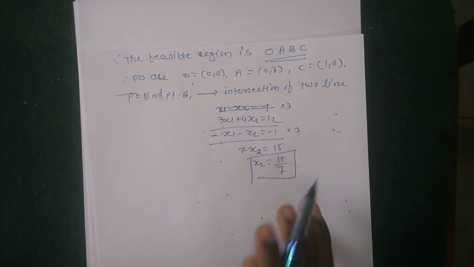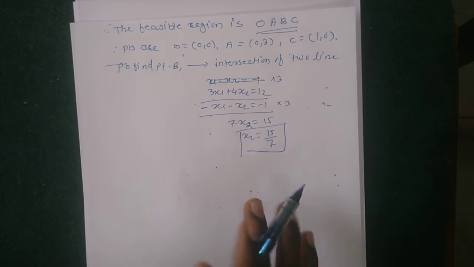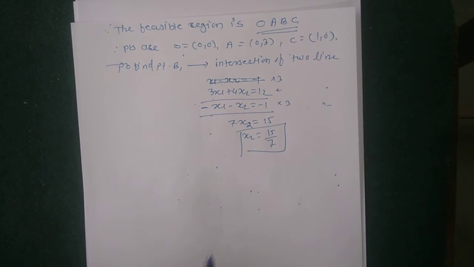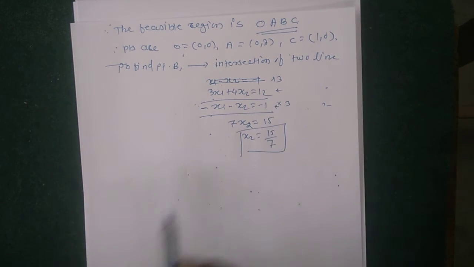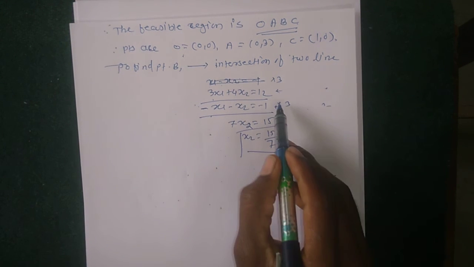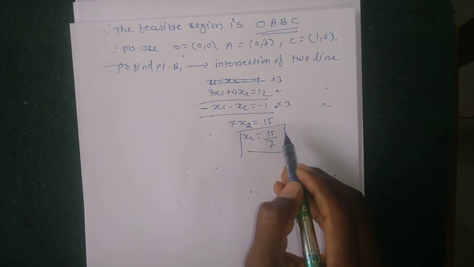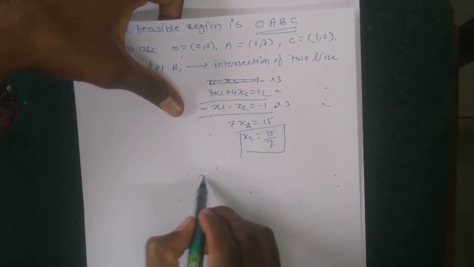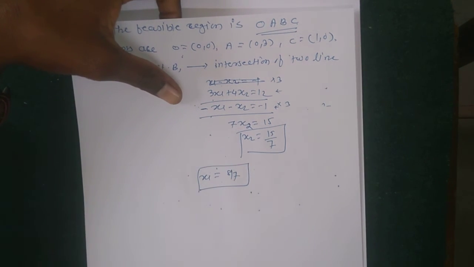Put x2 equal to 15 by 7 in any equation. Then x1 is minus 1 plus 15 by 7, we get 8 by 7. So x1 is equal to 8 by 7.